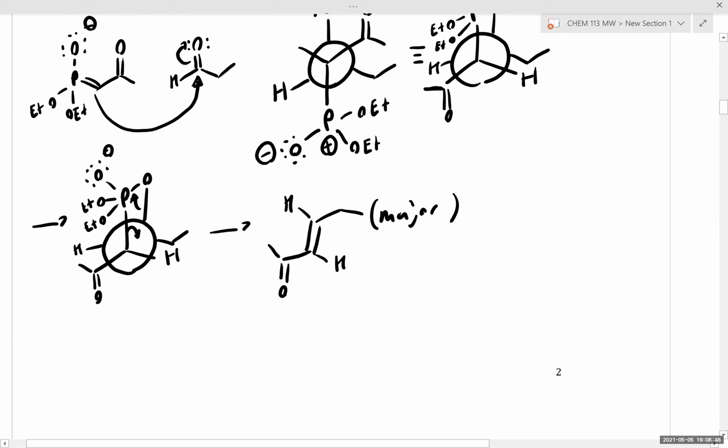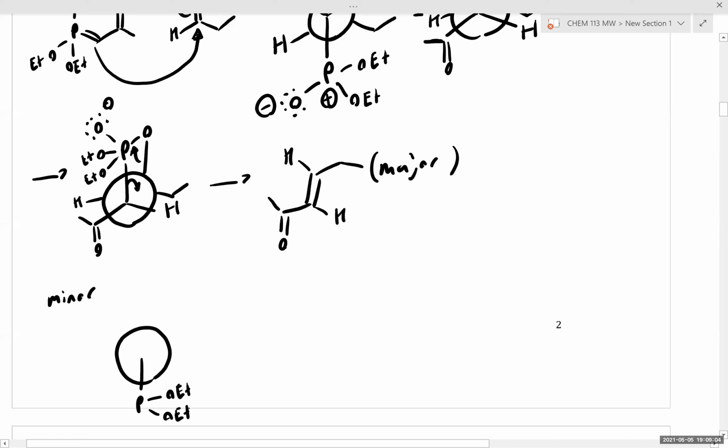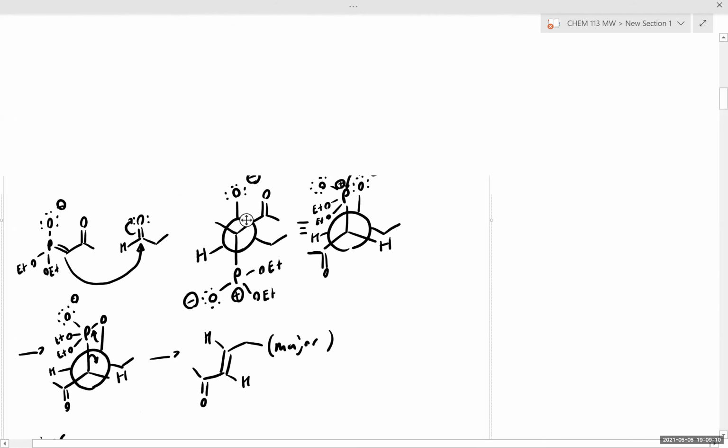So if we're looking at the minor product and the pathway for the minor product, after addition for the minor product pathway, we observe the following Newman projection. And it's a subtle difference, but it's an important difference to note.